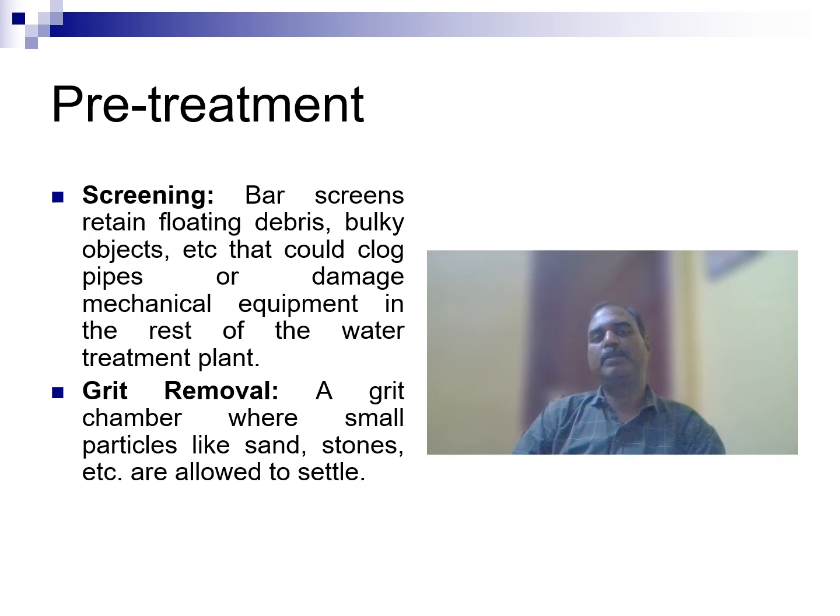So we filter all the large size particles in the screening. Then grit removal: a grit chamber where small particles like sand and stones are allowed to settle. We allow the filtered water to stand some more time to settle down the larger size particles.